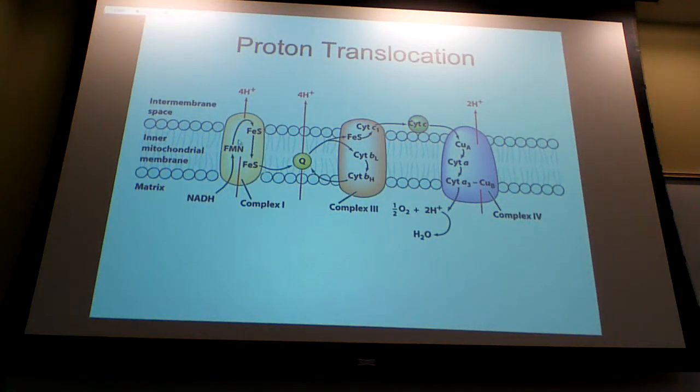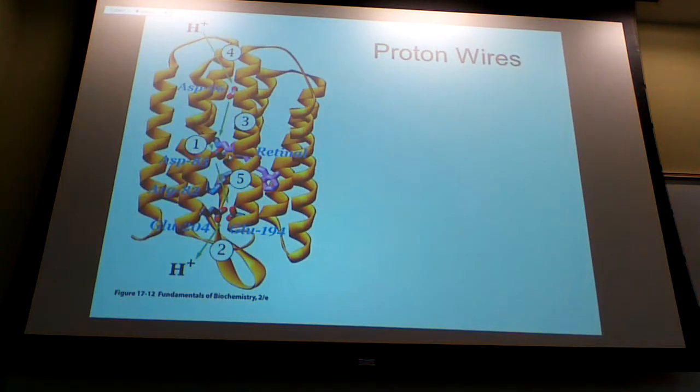All right, so here we are, complex 1. Our NADH comes in, we pass those electrons around, and then we end up transporting protons across the membrane, from the matrix to the intermembrane space, through proton wires. These are just transmembrane proteins with a bunch of little charged side chains, like arginine and aspartic acid, and they just trade protonation states.